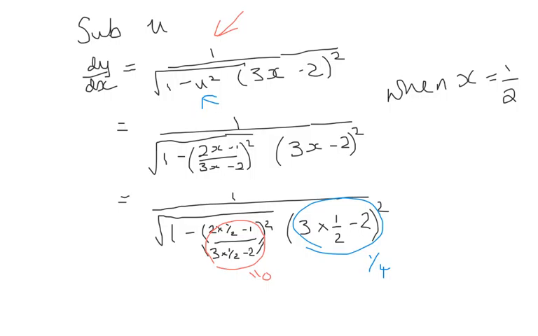So we've got 1 subtract 0 in the square root, which is just 1, and this is a quarter. So finally we have 1 over 1 times a quarter, which is just the same as 1 divided by a quarter, or 4. So the gradient of the tangent at x equals a half is 4. m equals 4, the gradient.